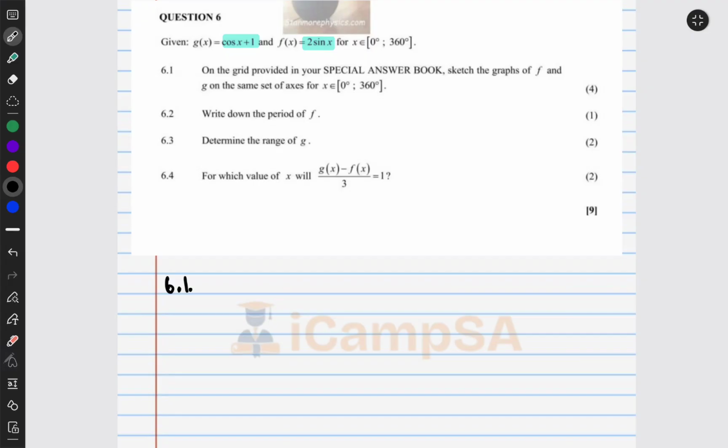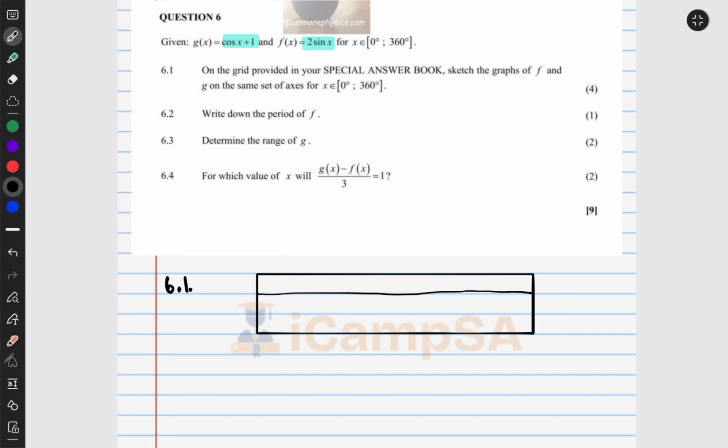So we're gonna say x, we use 0. Okay, let me construct a table first. Hopefully this table would be enough. And then we're gonna use intervals of 90 degrees.